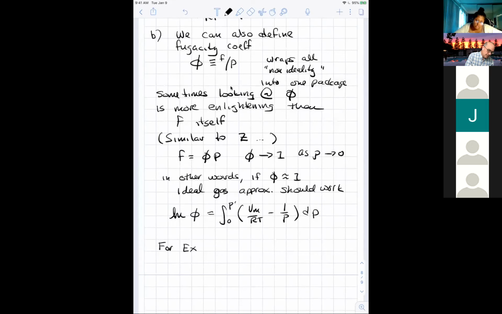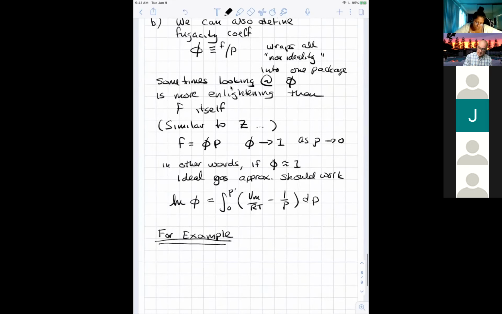So let's look at a really quick example. We're actually going to do more work with this and more examples in the coming chapters. We just want to kind of germinate this for now. If we use a virial expression, remember a virial, and stop it at one term, then we get this.